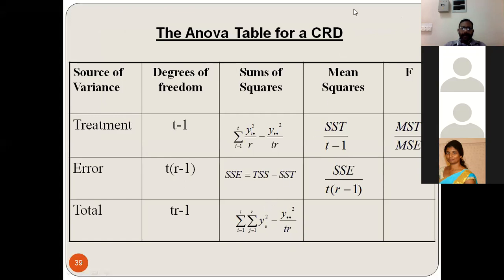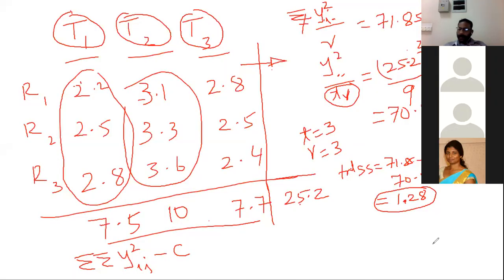Now we will go back to the calculations. So I said C is the correction factor, right? The correction factor is the same. Once we have calculated the correction factor, you can keep it for other calculations as well.